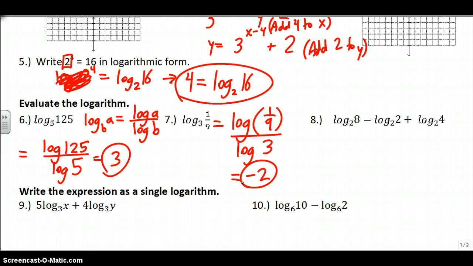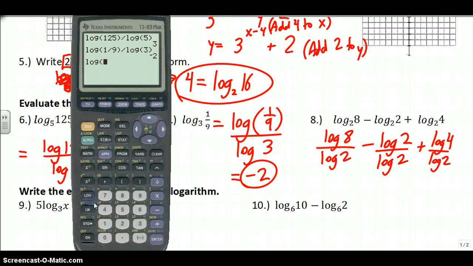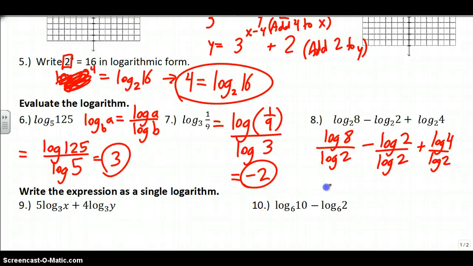Okay. And this one's pretty simple. You can do it a couple different ways. You can do log of 8 divided by log of 2 minus log of 2 divided by log of 2 plus log of 4 divided by log of 2. You can do it that way. Log of 8 divided by log of 2, I think you'll find, is probably going to be 3 minus log of 2 divided by log of 2.